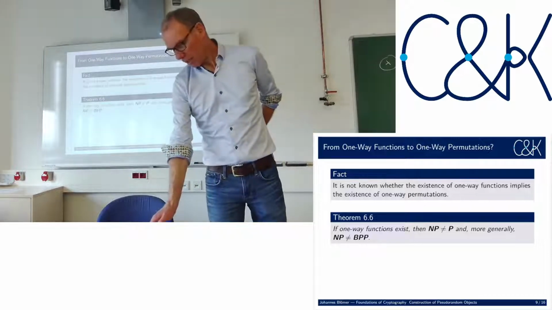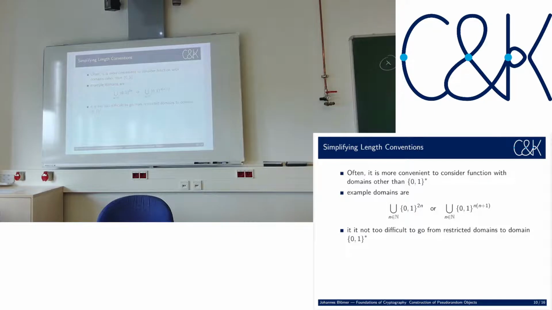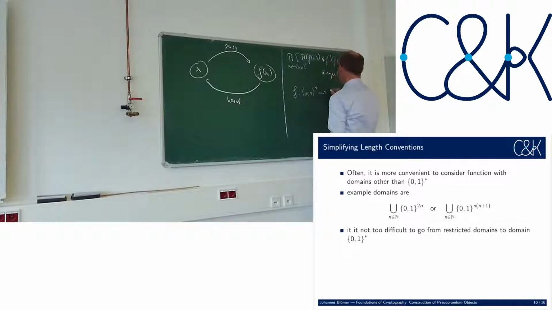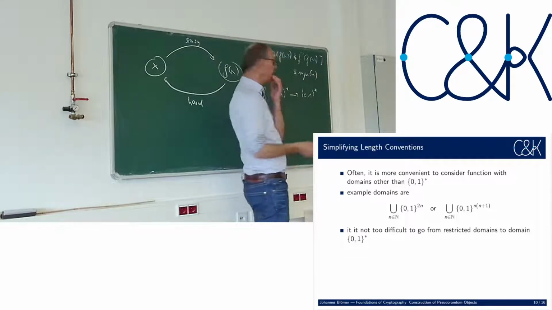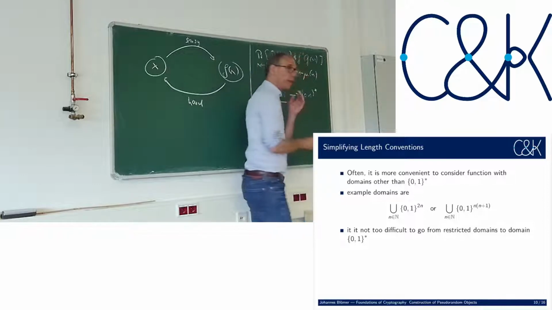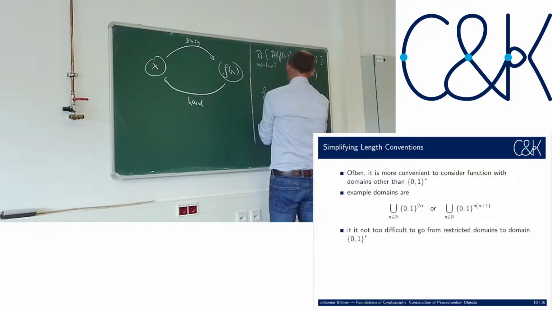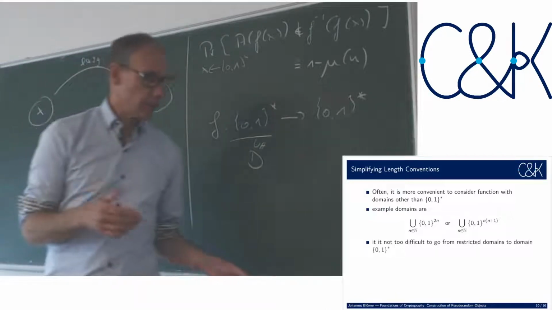But to do that, we need a simplifying convention. So far, I always talked about functions f going from {0,1}* to {0,1}*. Often our candidate functions are not defined on the complete domain. They're only defined on a domain D that is a proper subset of this domain, but still infinitely large.